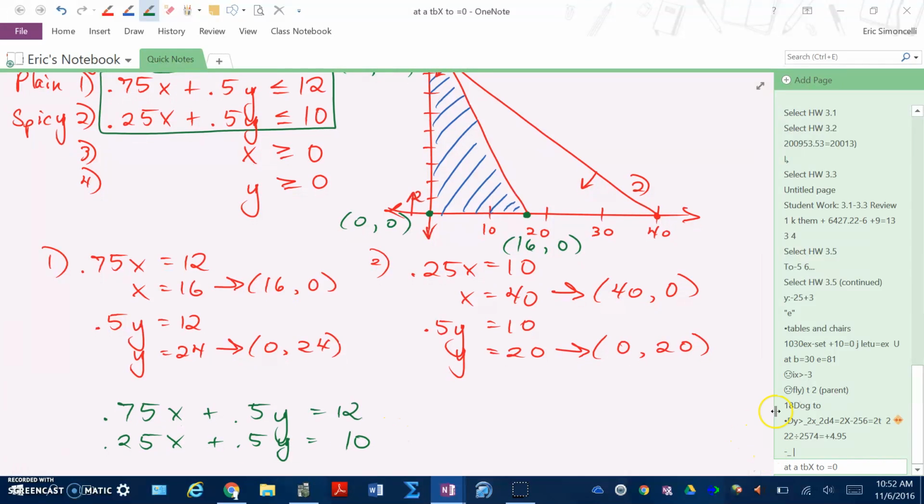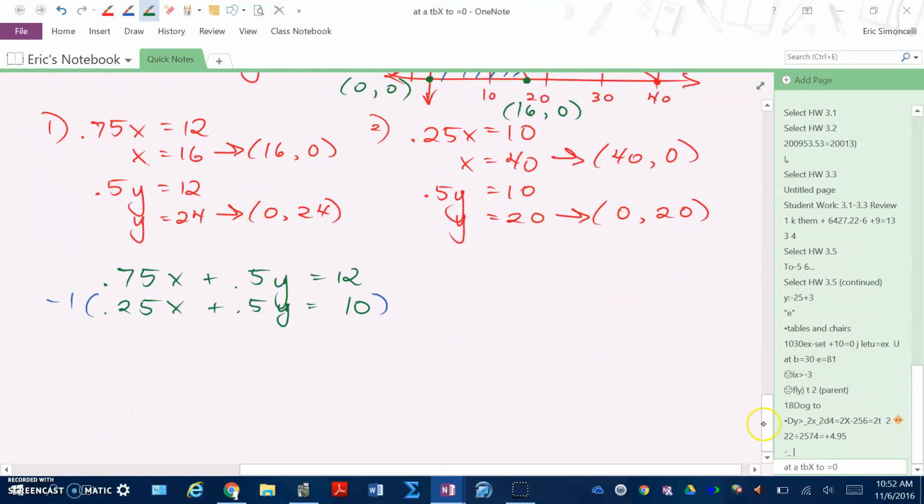What I'll go ahead and do is use elimination by multiplying this second equation by -1. That turns the second equation into -0.25x minus 0.5y equals -10.